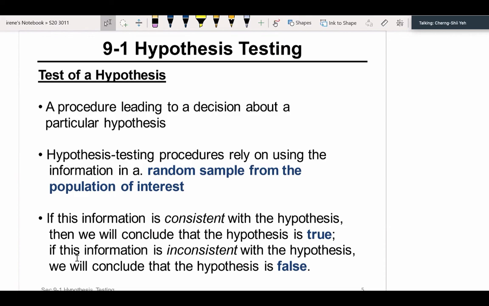Hypothesis testing procedure is verified by collecting random sample from your existing population. So you do need to go out there, perform experiments, and collect data to validate if the null hypothesis, the H0, is correct or not.